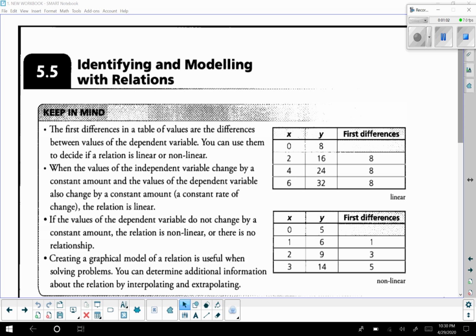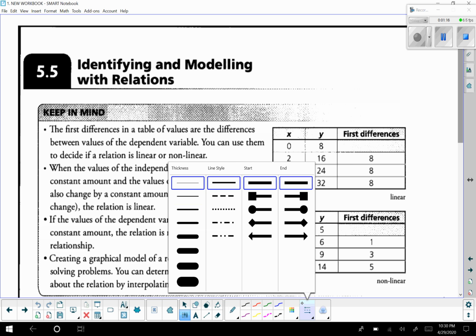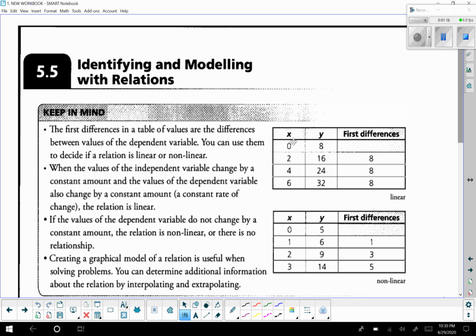How it's going to work is that usually you are given a table of values, and essentially what you have to see is: are the y values increasing by the same amount all the time? So in this first example, we have x 0, 2, 4, 6, and then the y values are going up by plus 8, plus 8 every time.